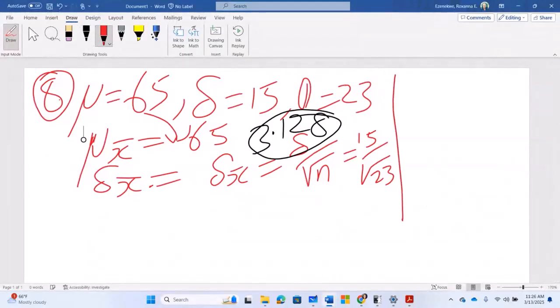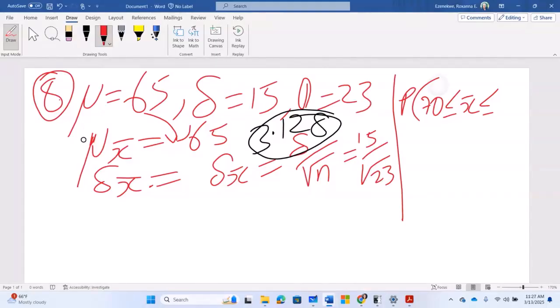Suppose I am told to find the probability that x bar is between 60 and 75. The mean is 65.